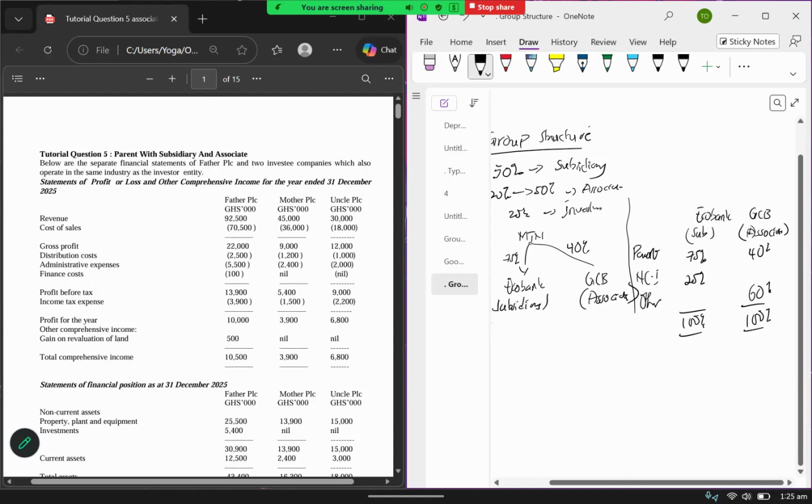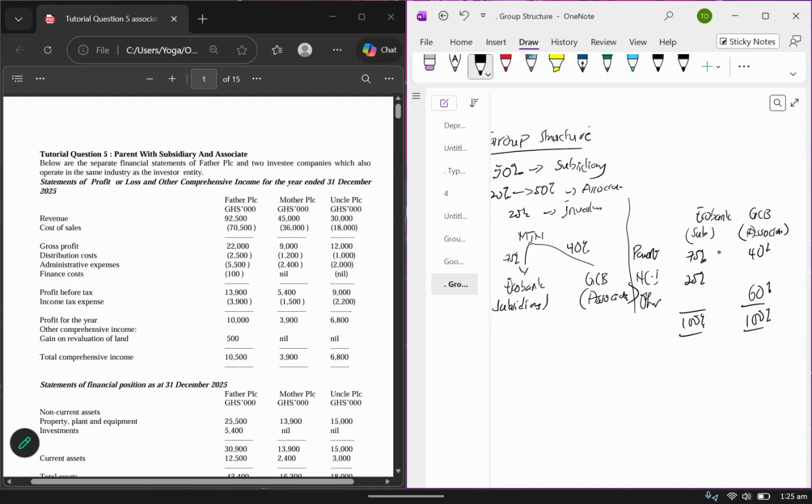Normally I prefer to go by this presentation because I'm able to indicate the number of shares here. So let's say MTN acquired 2 million shares in EcoBank. Let me say 1 million for the other, so in all it will be 3 million shares here.